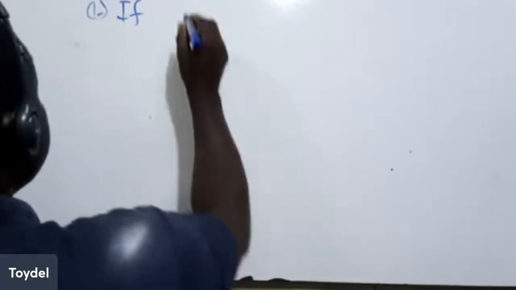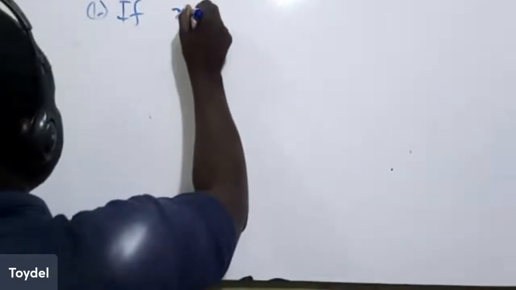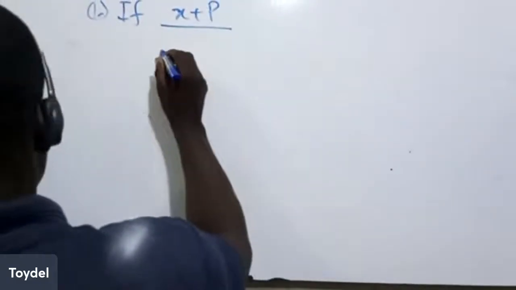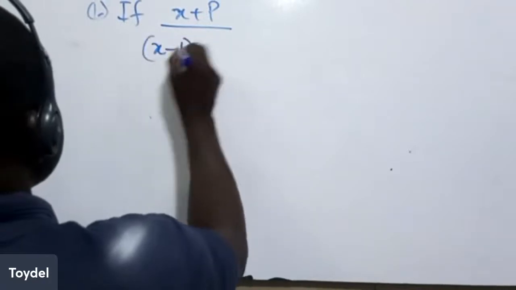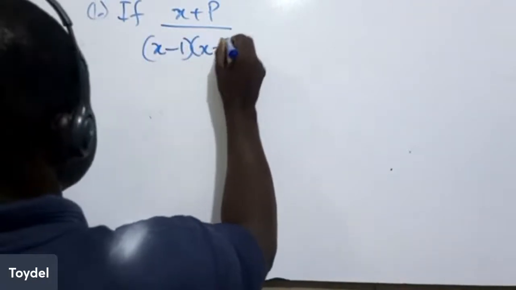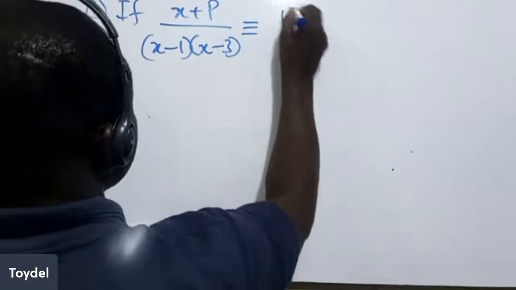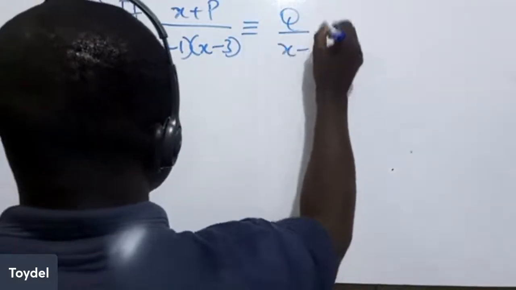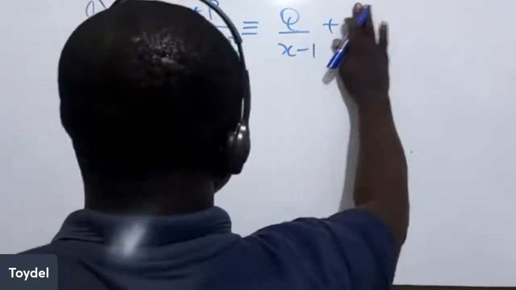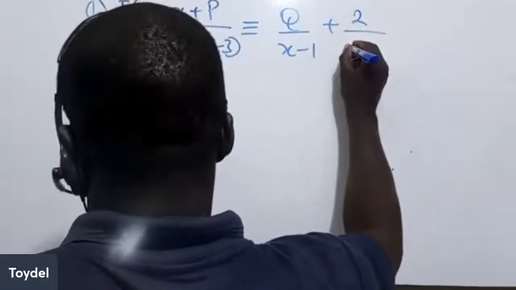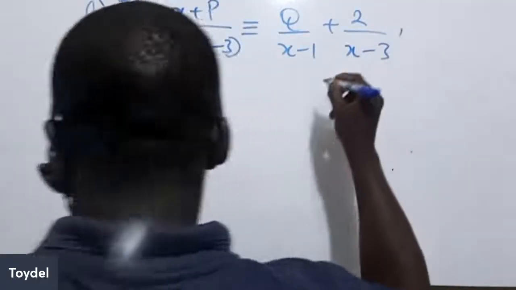The question says that (x + p) over (x - 1)(x - 3) is equivalent to q over (x - 1) plus 2 over (x - 3).